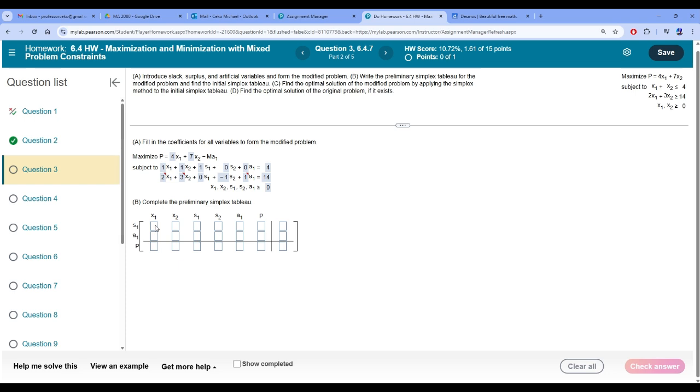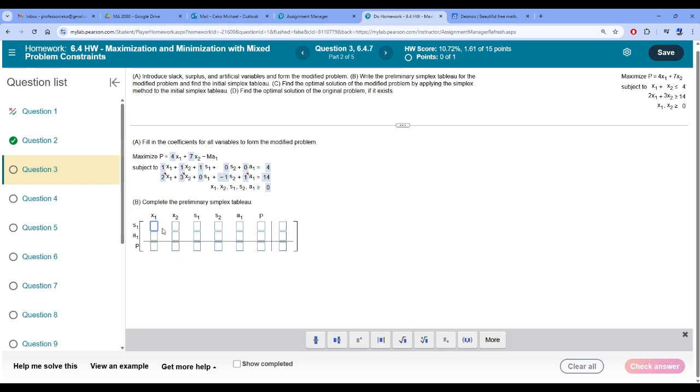Okay. Complete the preliminary tableau. I mean, this is now just easy, right? Because this is going to be S1. I do 1, 2, 4, 1, 3, 7.